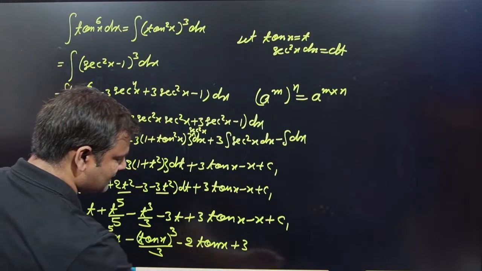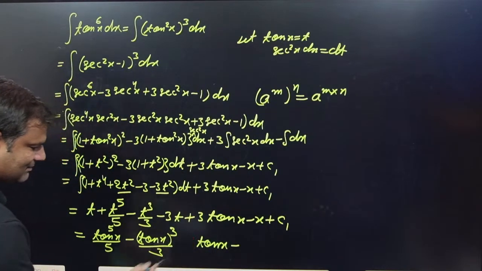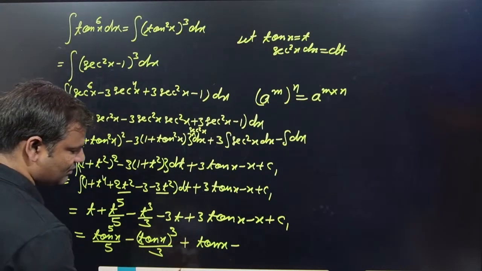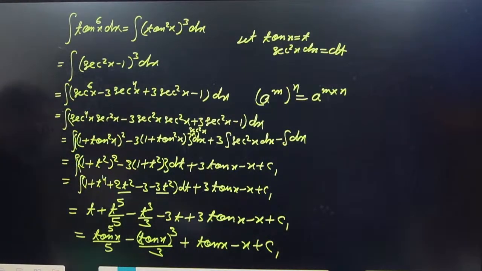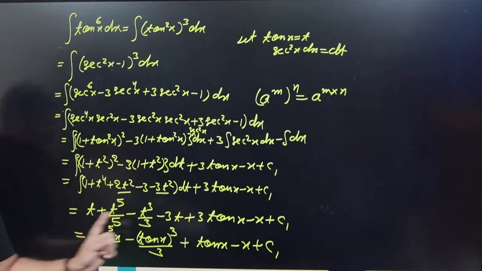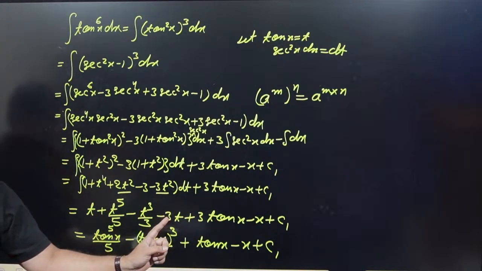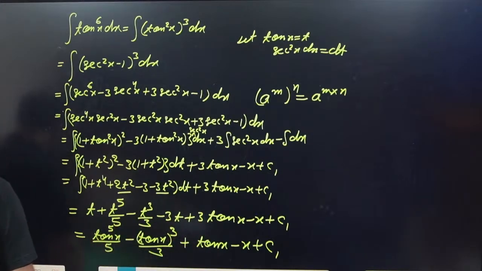So you can say that basically here plus tan x minus x plus c. Okay, also clear? Here 3 tan x and this one minus 2 tan x. If t is replaced by tan x, then we get minus 2 tan x plus 3 tan x. We get how much? Tan x. I hope so clear.